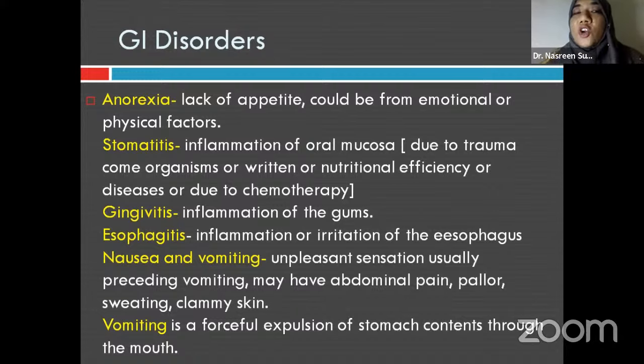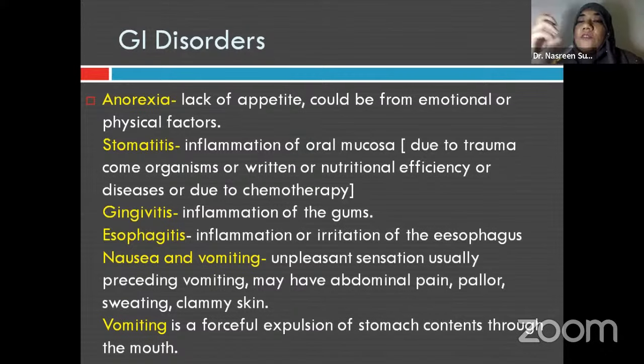Stomatitis means you will be having inflammation of oral mucosa, usually in the corners of your lips and in the mouth. Okay, that is mainly because of the nutritional deficiencies. Okay, next is gingivitis. Gingivitis means there will be swollen gums. Okay, that is called as gingivitis.